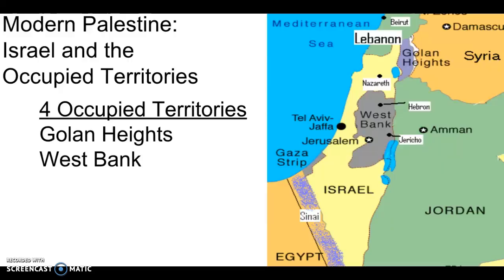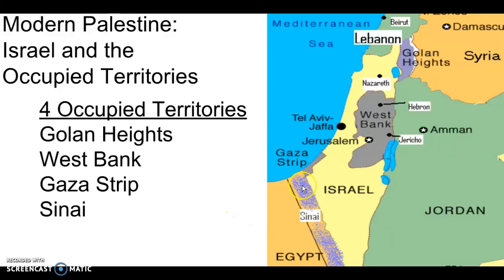Sometimes Israel was attacked by neighboring countries, and in each case, Israel has won the battle and taken over these territories. The Gaza Strip is a piece of coastal real estate down here. It was part of Egypt and administered by Egypt for many years. Right now, Egypt is trying to control its border with the Gaza Strip. A lot of munitions and things going back and forth.